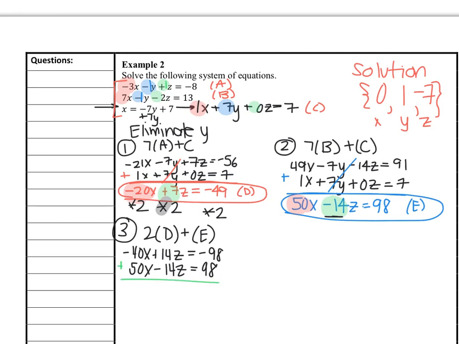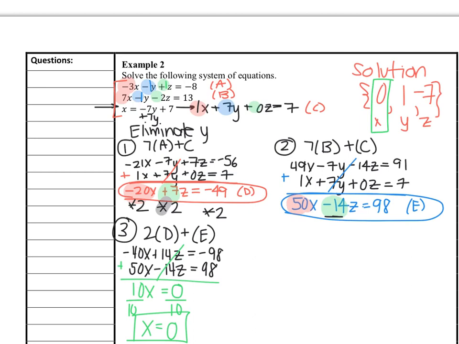Add them straight down, and we get positive 10x, z's cancel, equals 0. That seems a little weird, right? But just keep solving. Divide by 10, and we get x equals 0 divided by 10 is just 0. And when I look back at this, x is supposed to be 0, so we've done a great job so far.